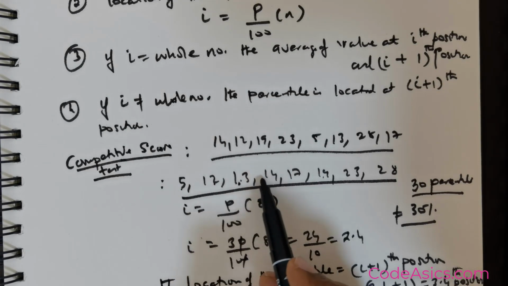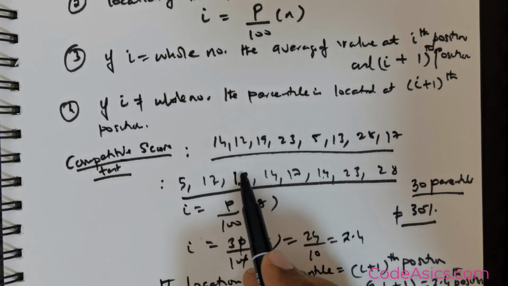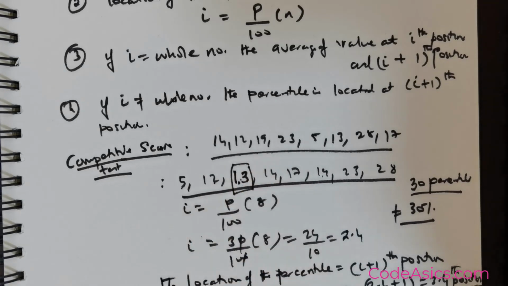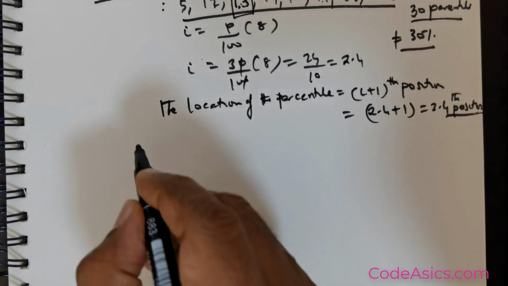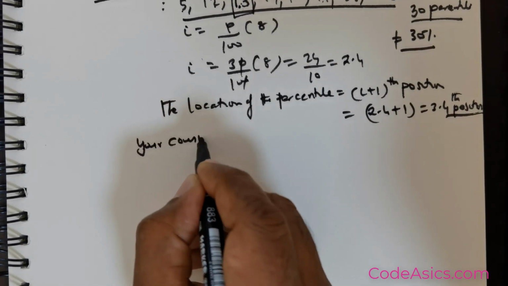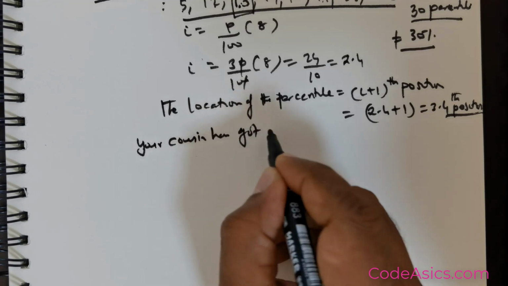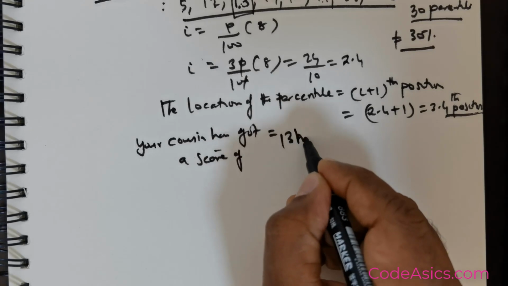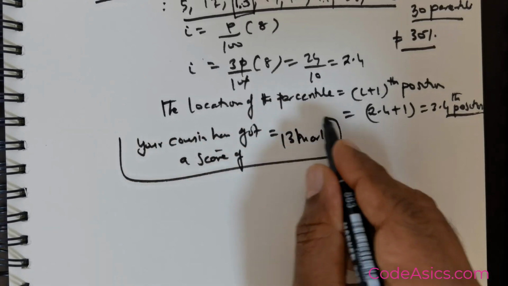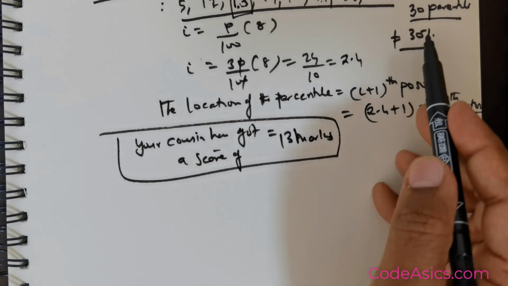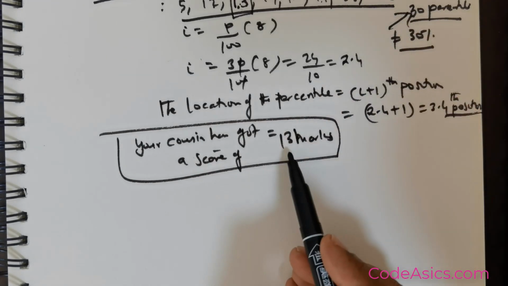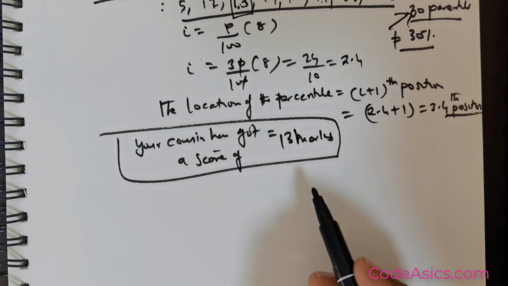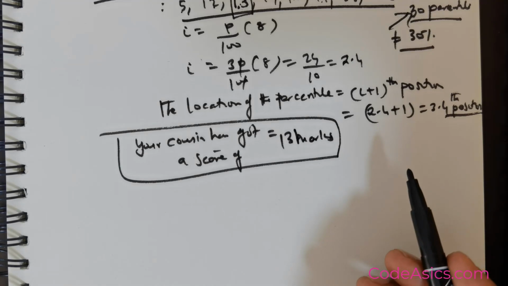You can't go into 3.4, so you rest at the 3rd position. Now what score do you get? 13. And your cousin has got a score of 13 marks. That's it. So the 30th percentile over here corresponds to 13. Now imagine, as I mentioned to you, someone were to tell you 90 percentile. It doesn't mean the person has got 90 percentage.